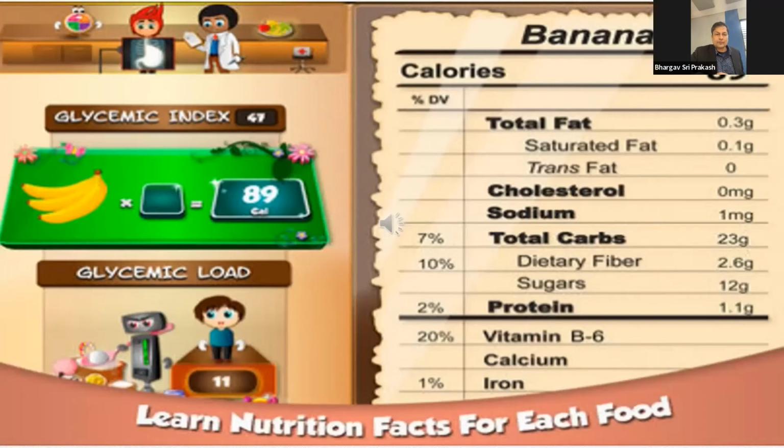Another really important aspect of Fuya D would be that children get to understand macro and micronutrients in various foods that they encounter, and especially in the context of carbohydrates and how that may be affecting their blood sugar levels.